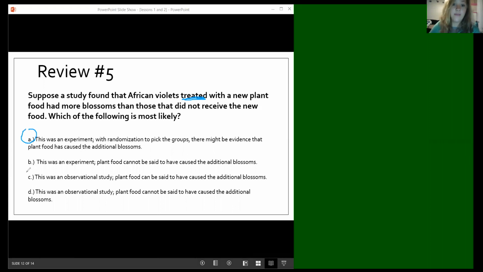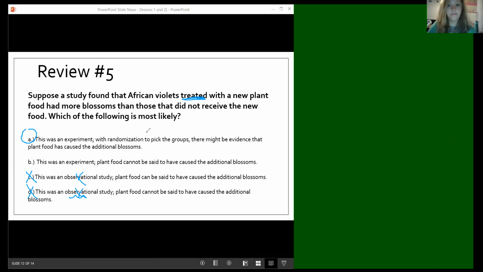So we know it can't be C or D because those say observational, which is not true because there's some sort of treatment. So we will be between B and A. And it says the plants with the new food had more blossoms than those that did not receive it. Since they randomized it, we're able to make some sort of inference about that.